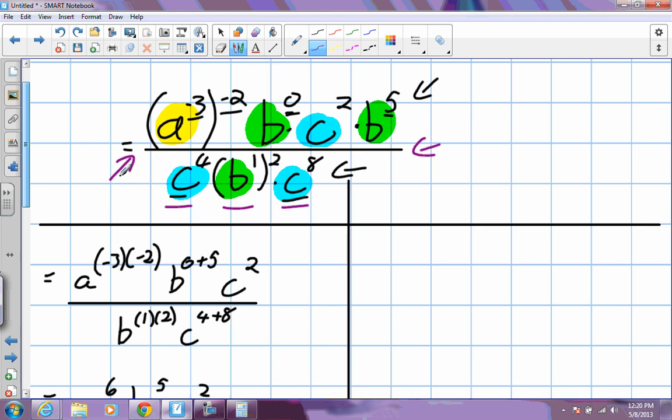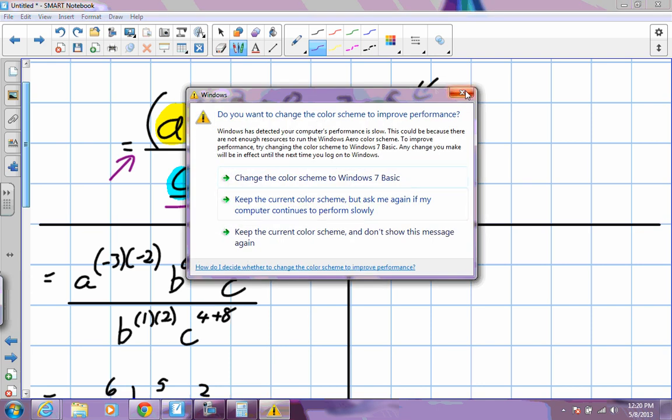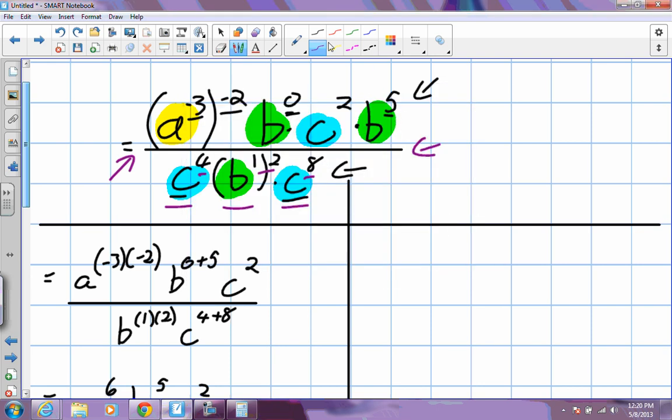Because we have to invert fractions, if I turn all of these exponents on the bottom negative, they'll come to the top of the fraction. So we're going to leave the other things we had. We have a to the power of negative 3, negative 2, b0 and b5, we'll put them beside each other, and c to the power of 2.